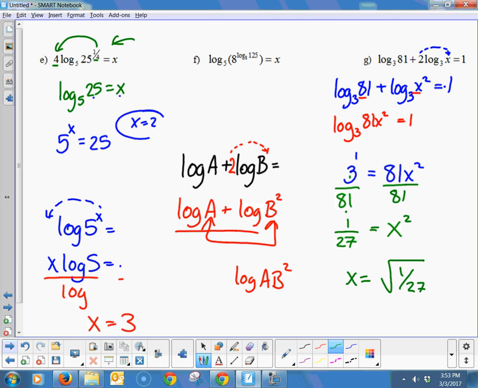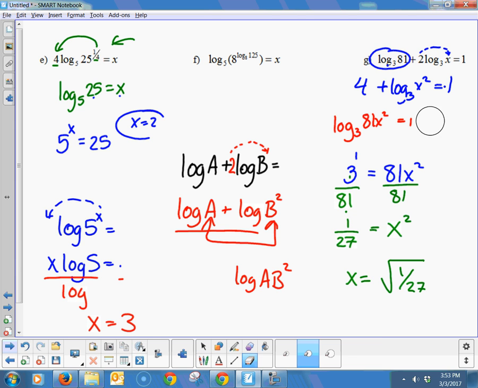There is another way of going about doing this problem. If you just recognize right off the bat that log base 3 of 81, 3 to the 4th is 81, so this is 4 plus that.